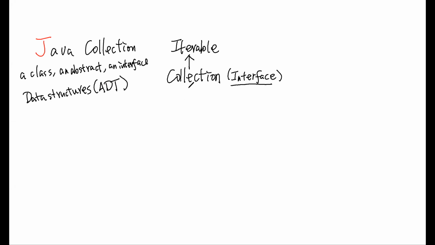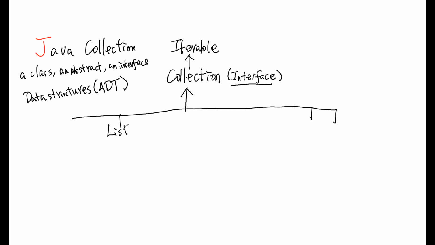It's an interface, and generally speaking, under it we have three different types of interfaces. One is list. We have already seen linked list a lot.